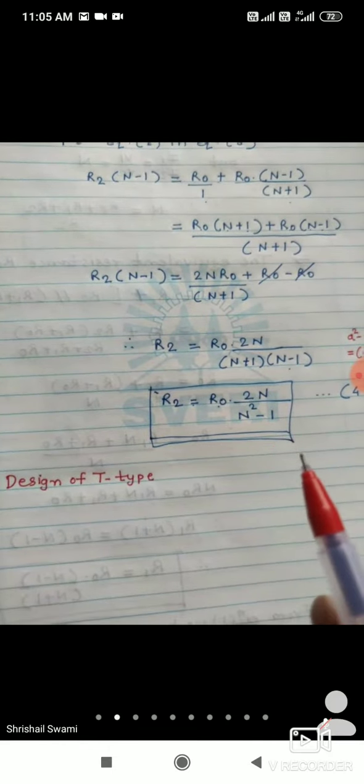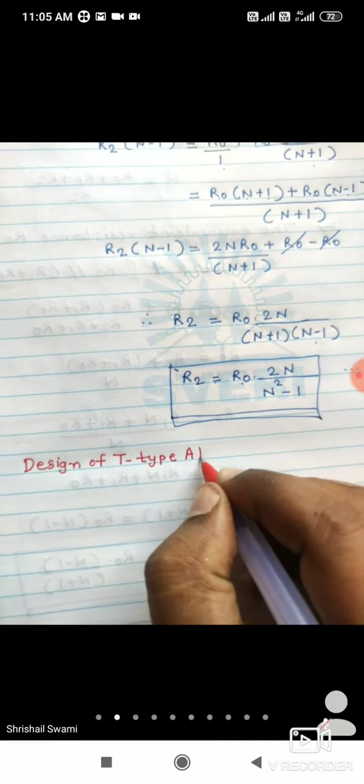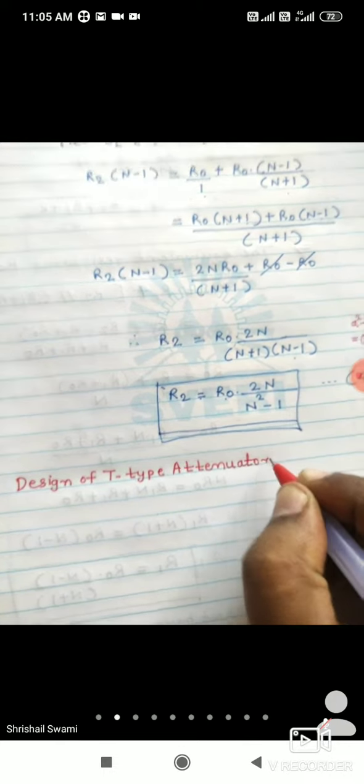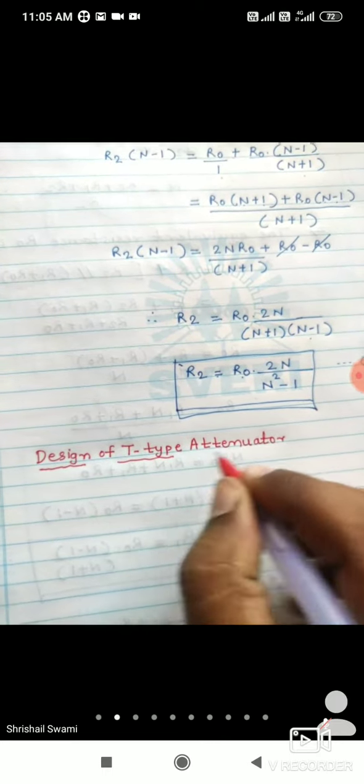Sometimes they will ask for the derivation, but most of the time they will ask only problems. The theory was also asked, and this derivation also they asked in the university question paper. So it is very easy.